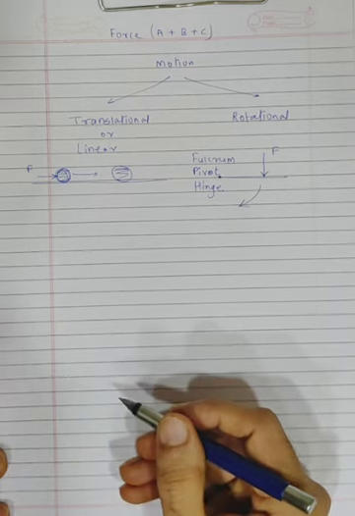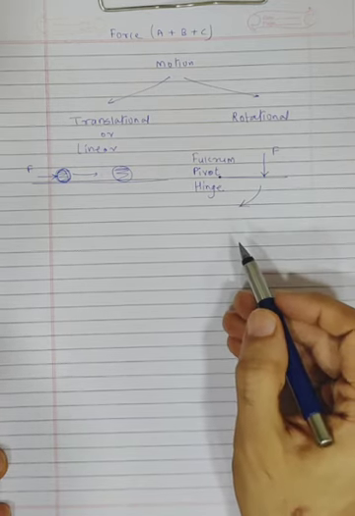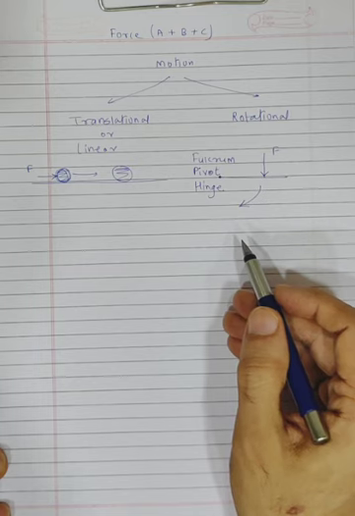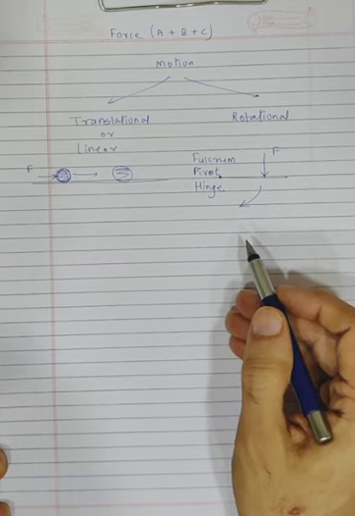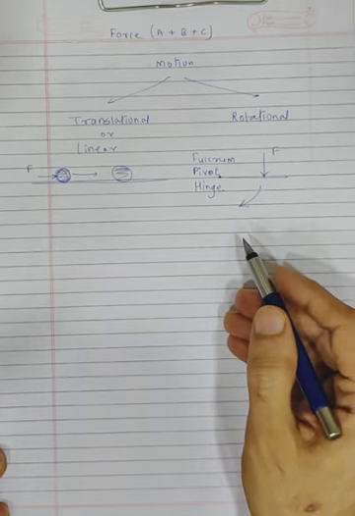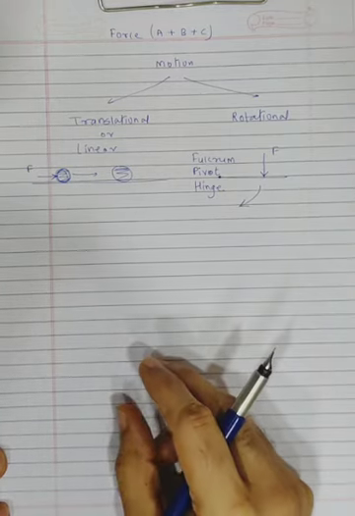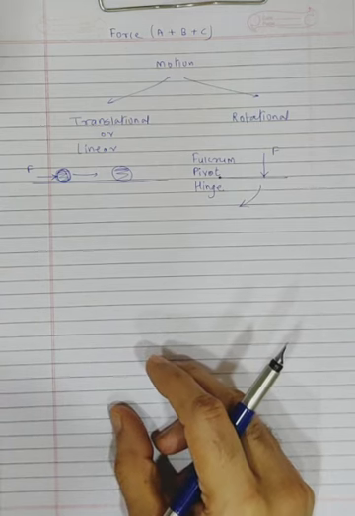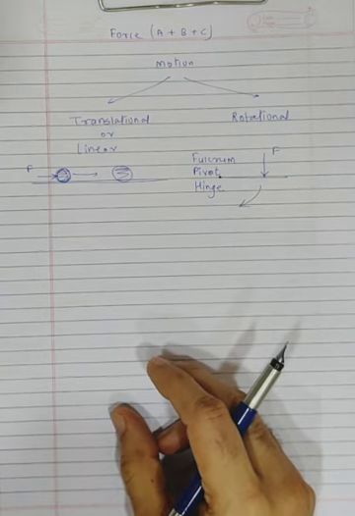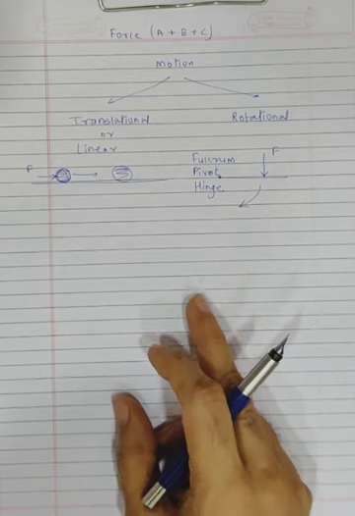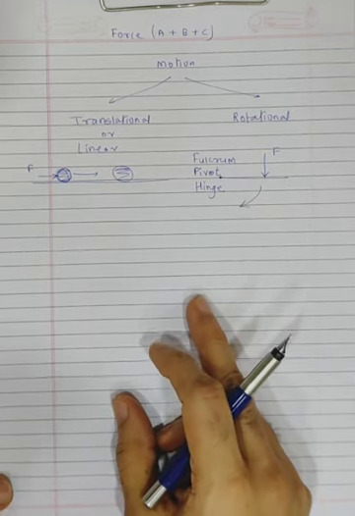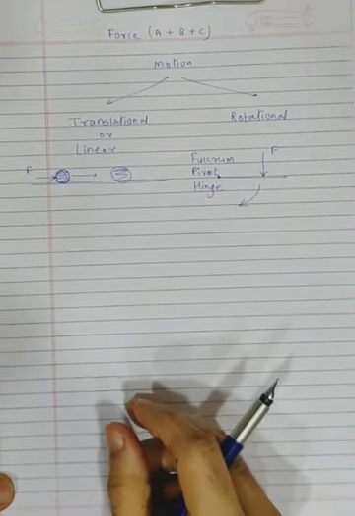For example, a wheel pivoted at its center, like when you turn the wheel of a cycle. It is pivoted at the center. So the wheel of a cycle is going through what? Rotational motion.